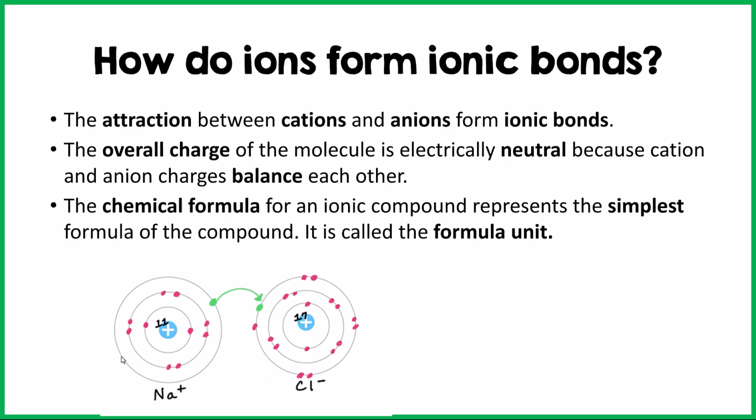The sodium ion forms when the outermost electron is given from sodium to chlorine, giving that sodium a positive charge and the chlorine a negative charge. And then they are attracted to each other and form an ionic bond, and that becomes NaCl. So these two ions are bonded together by that opposite charge, and form the compound or formula unit of NaCl.